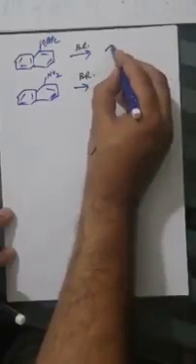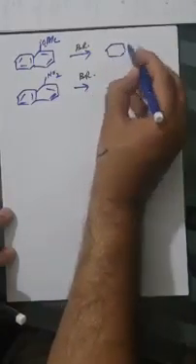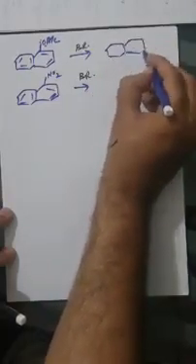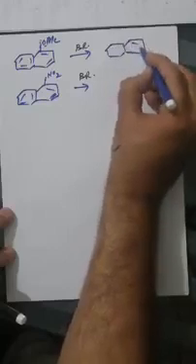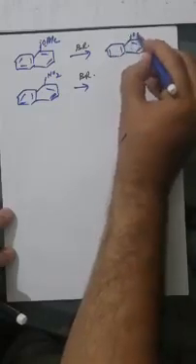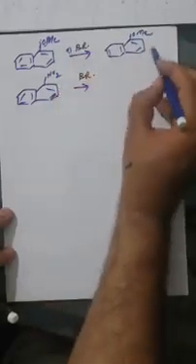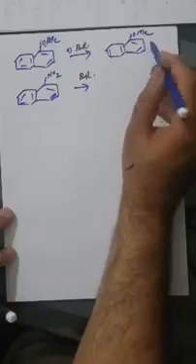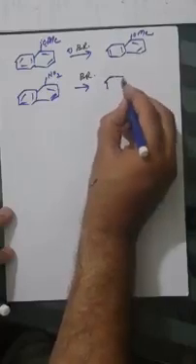So what are the products? Product will be these. If you use only one equivalent of the Birch reagent, and here what will be the product?